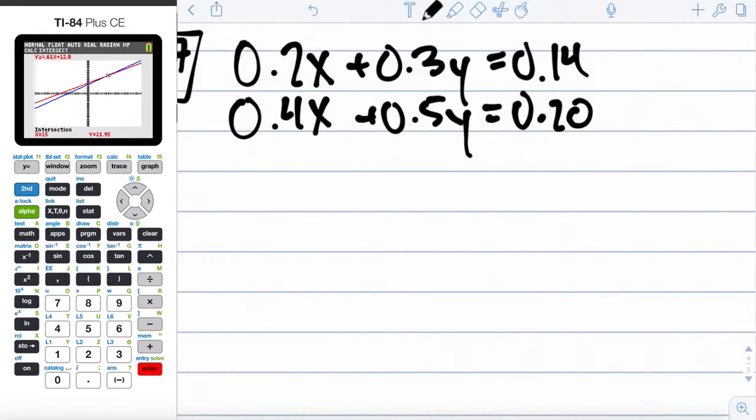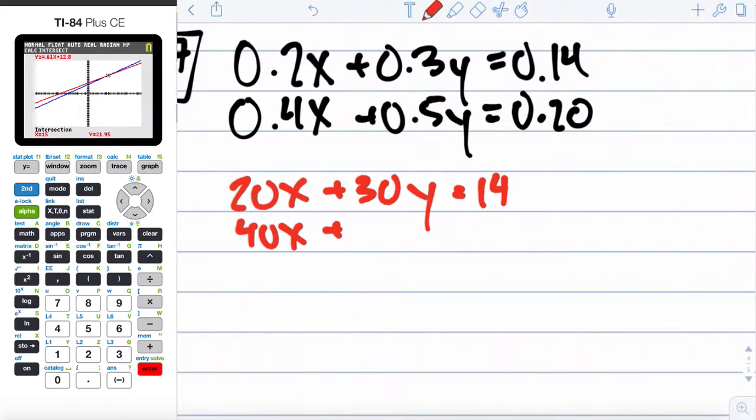So again, elimination. We can work with the decimals, or we can not work with the decimals. I'm not going to work with the decimals, so I'm going to multiply everything by 100. Get this and this.